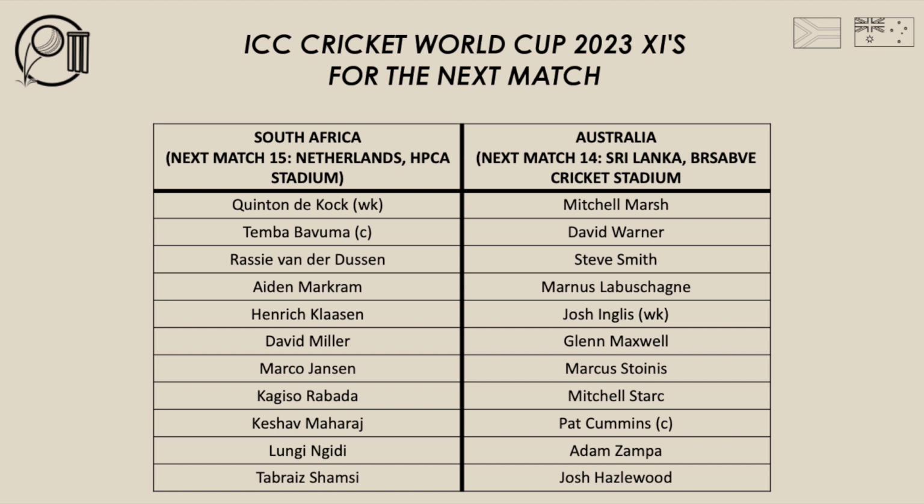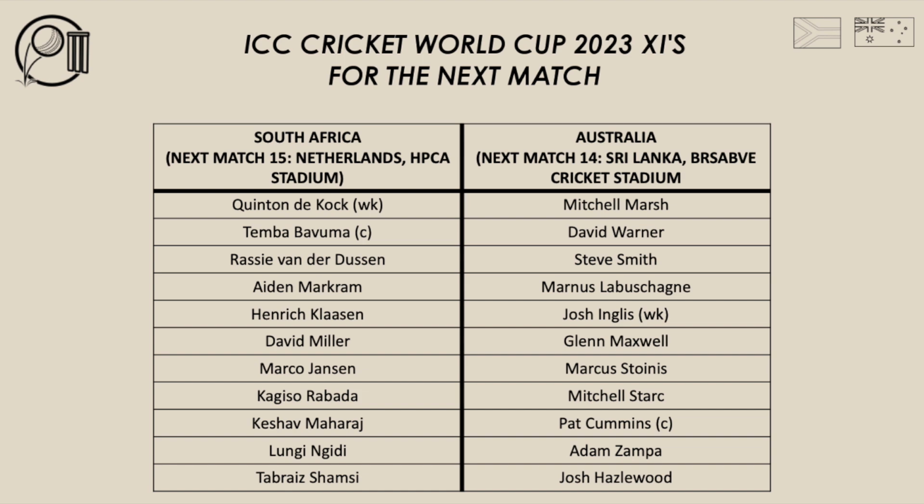But for the Netherlands, they will get some confidence going into this game against South Africa, because in the T20 World Cup last year in Adelaide, they won that amazing game against South Africa at the Adelaide Oval, and pretty much knocked out South Africa in terms of qualifying for the semi-finals.